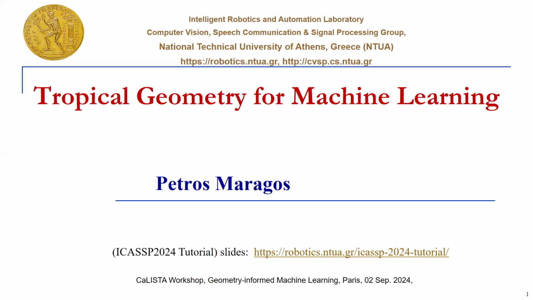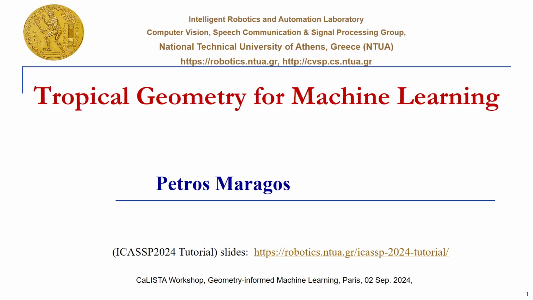Well, today the topic is a combination of tropical geometry and machine learning. Actually, tropical geometry is a tool for machine learning. Tropical geometry is emerging recently in computer science. It's a combination of algebraic geometry and polyhedral geometry.